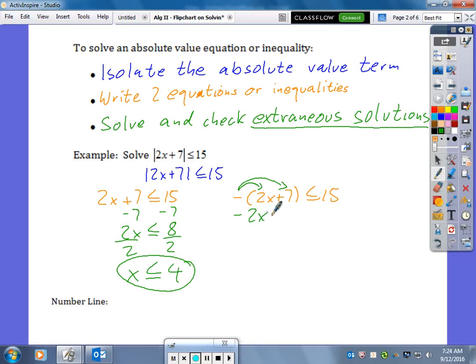We get negative 2x minus 7 is less than or equal to 15. Add 7. Negative 2x is less than or equal to 22. Now when we divide by negative 2, remember we need to switch the inequality symbol. So therefore x is greater than or equal to negative 11.